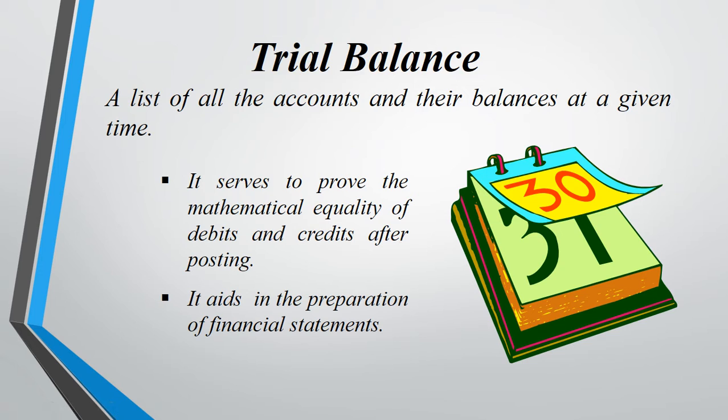So we have cash account, capital account, furniture account, salaries account, and other expenses accounts. These were discussed in the previous lecture when we were posting the transactions from journal into the ledger.